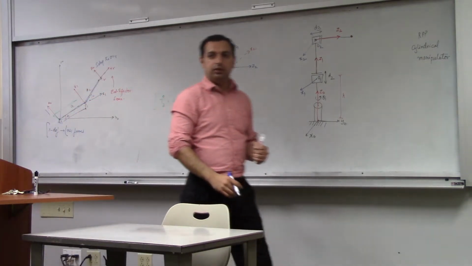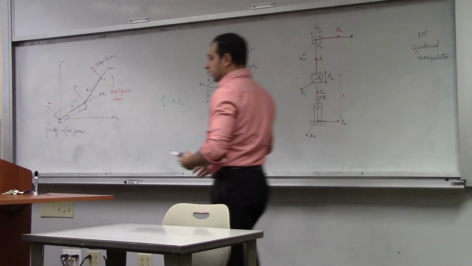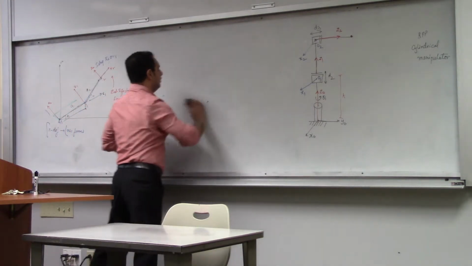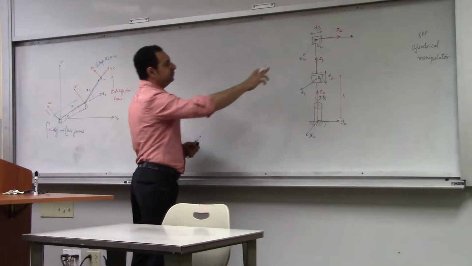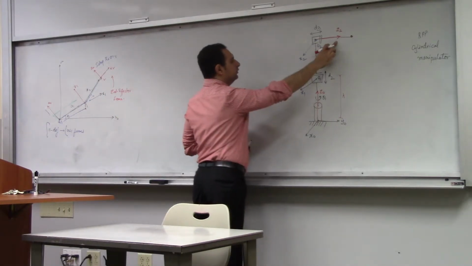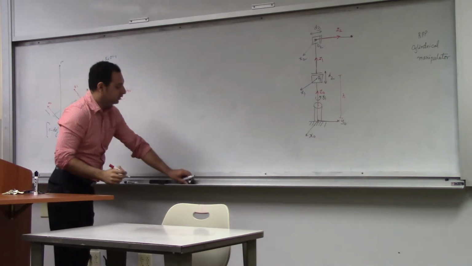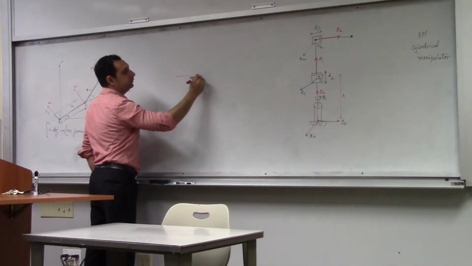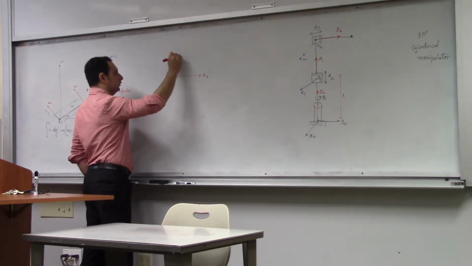Is that clear or no? No? One more time, okay. Remember the two rules for x. X has to be perpendicular to both z1 and z2, and it has to intersect the previous z-axis. So let's draw Z2 and this is Z1.